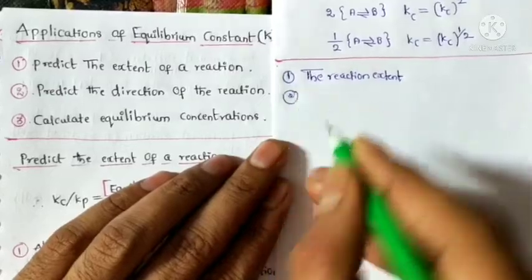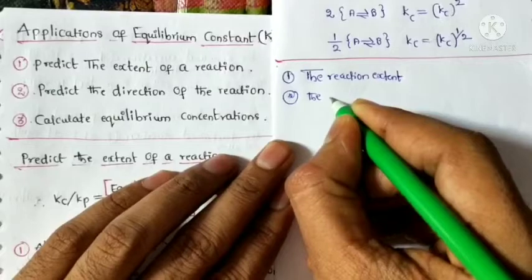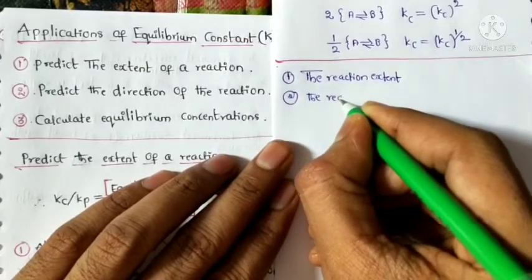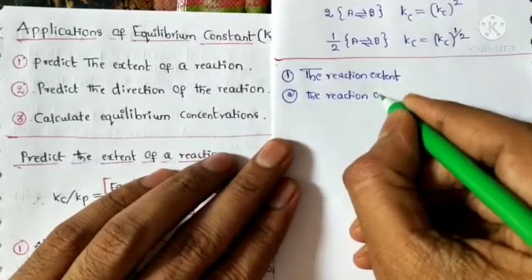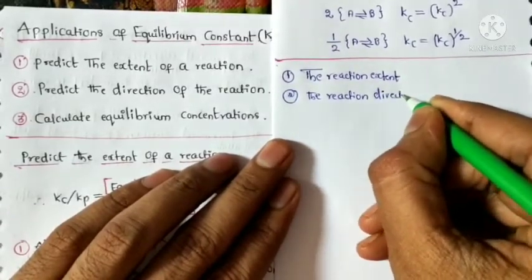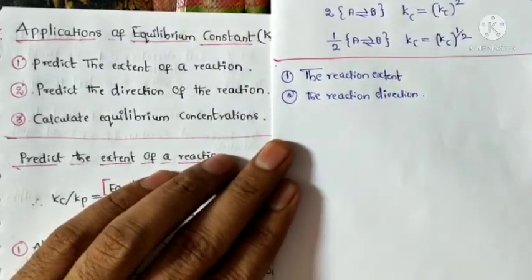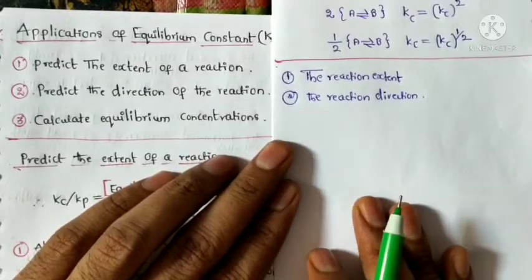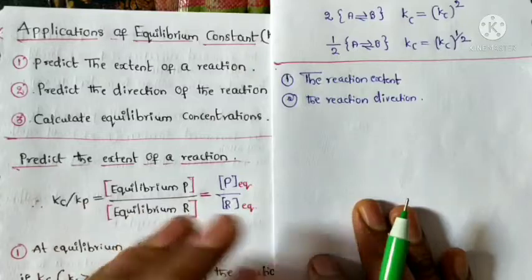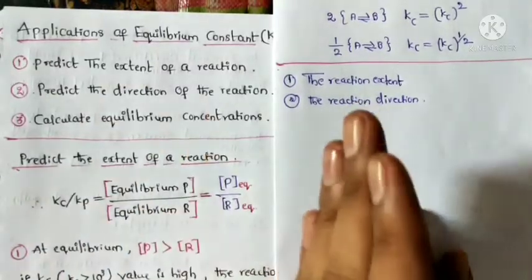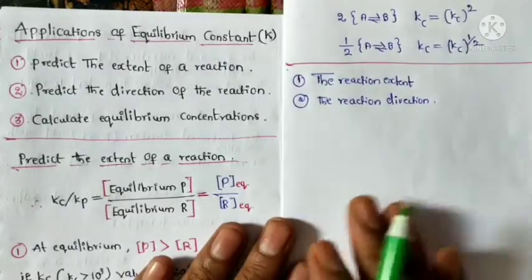The second one is that it can explain the reaction direction. Direction means whether it will favor the forward reaction or backward reaction, that is, in which direction it will proceed, left to right or right to left. That can be explained by the equilibrium constant.